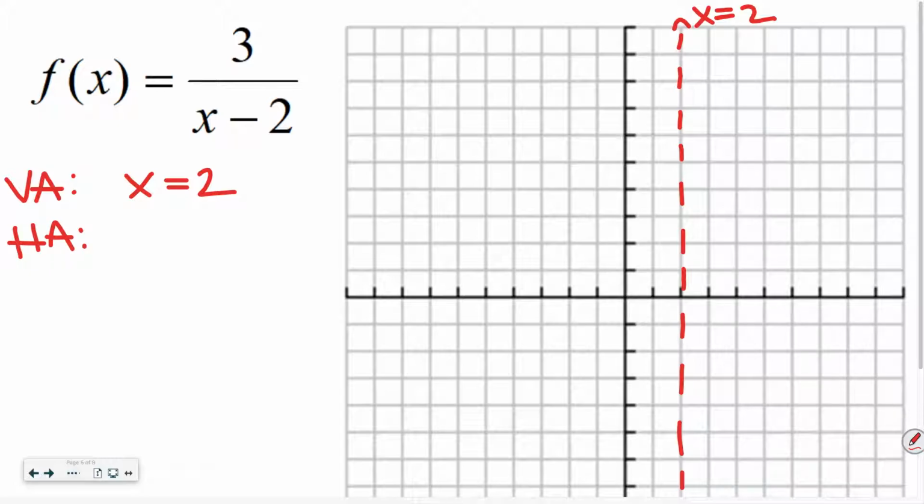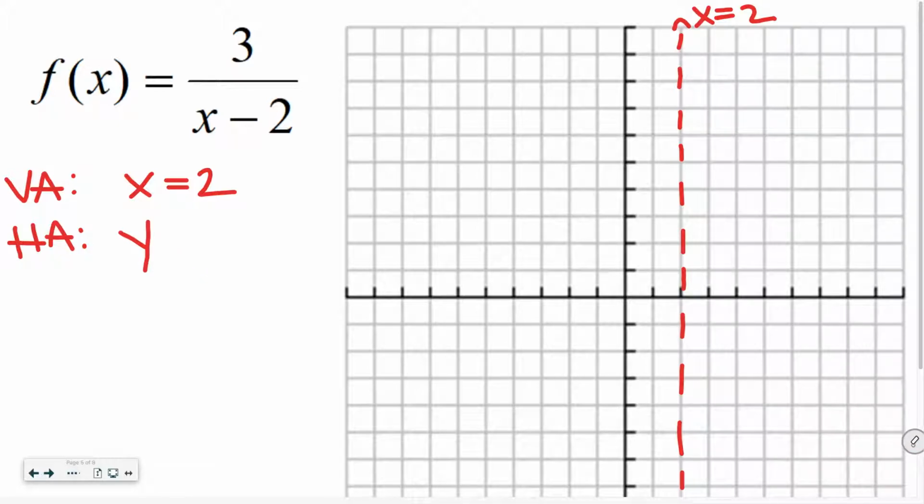Our horizontal asymptote, the degree of the denominator, is it bigger or the same? It is bigger. So, Guy, where is our horizontal asymptote? 0. Yeah. Y equals 0.